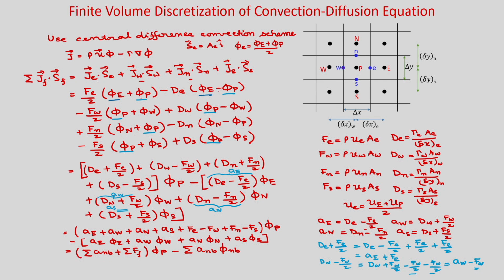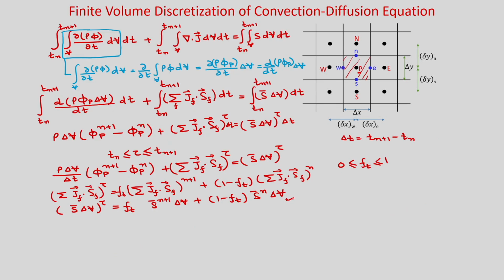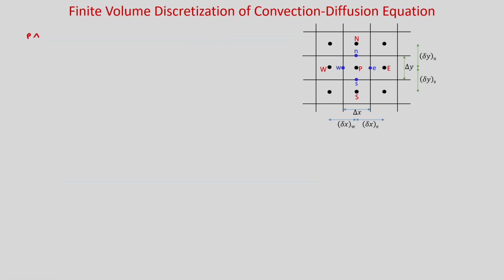Okay. So, now these fluxes, now you substitute in this expression. So, we will substitute in this expression this J f dot S f, okay, with the term n plus 1 and n. So, we have rho delta V by delta t times phi p n plus 1 minus phi p n. Okay.